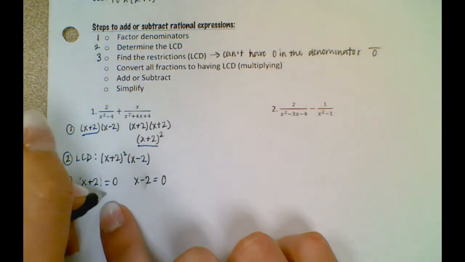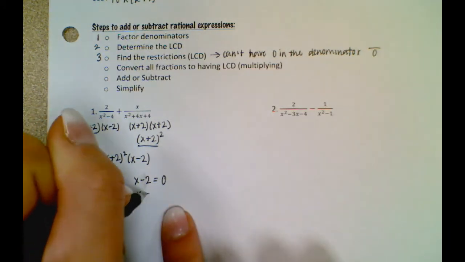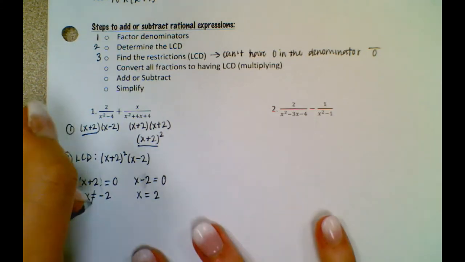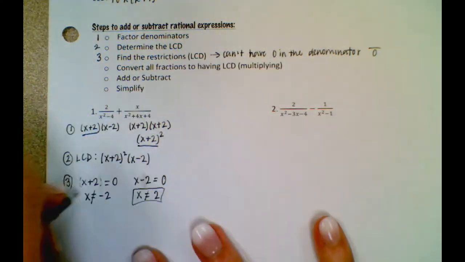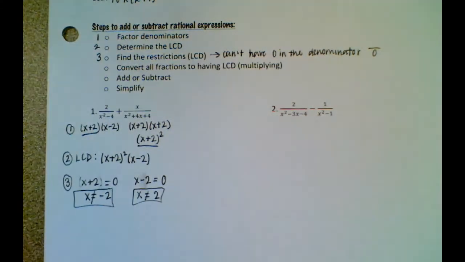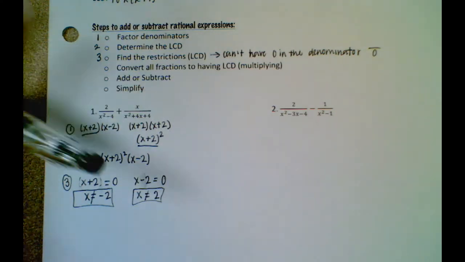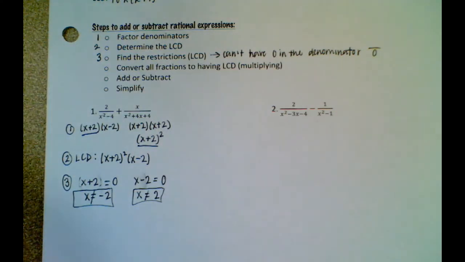So x will be negative 2. And over here, x would be 2. And that's what x cannot equal. Those are the restrictions. If I get x equals 2, it's going to make this denominator equal to 0. Or if I get x equals negative 2, that's going to make the denominator equal to 0. So those are our restrictions.